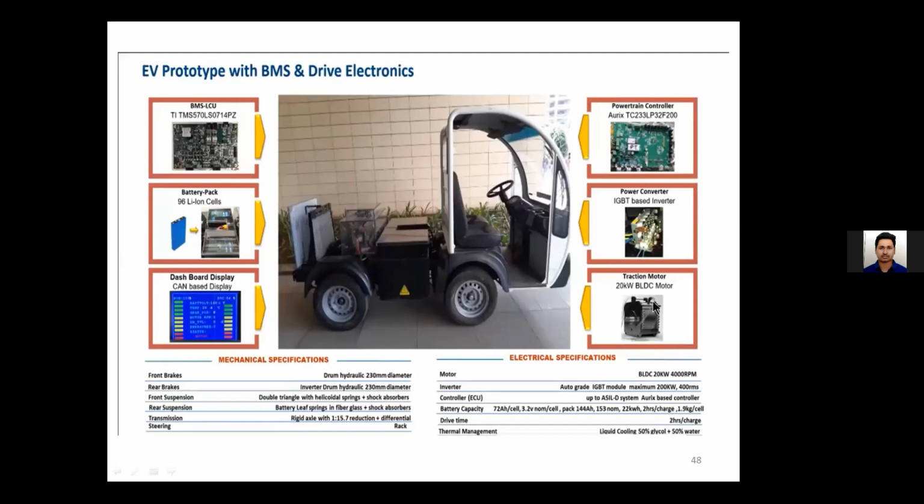So these are the various components. As it's a low power vehicle, BLDC is more than sufficient, at around 20 kilowatt. And the power converter basically depends on an IGBT based inverter.